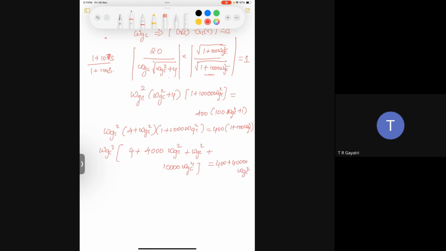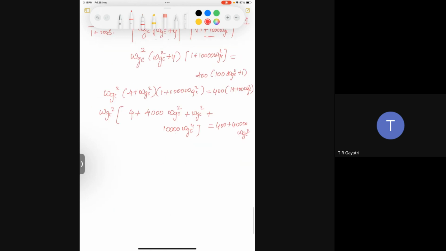No way to cancel anything. Power 6 it is. No way we can solve this by hand.